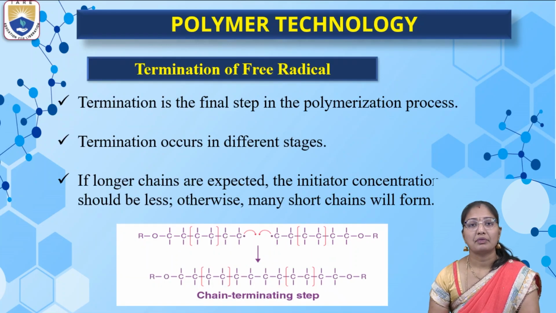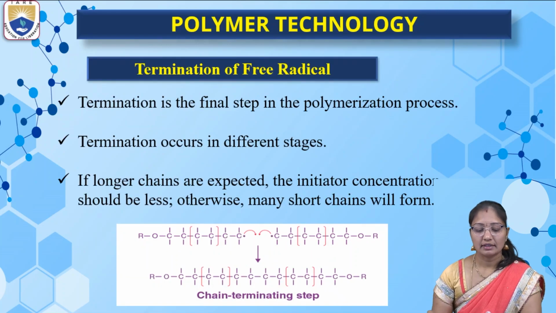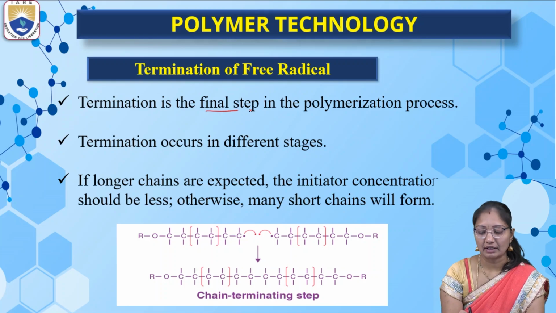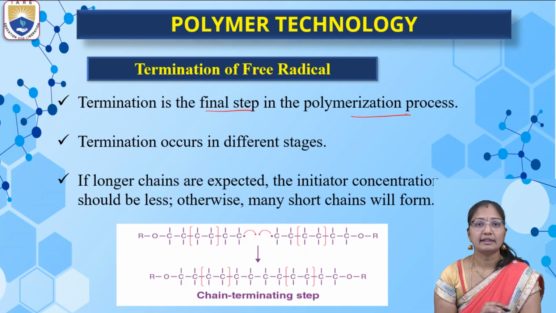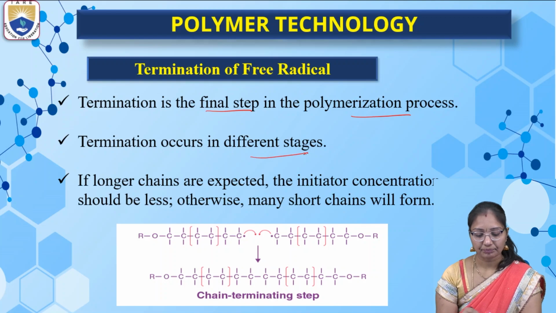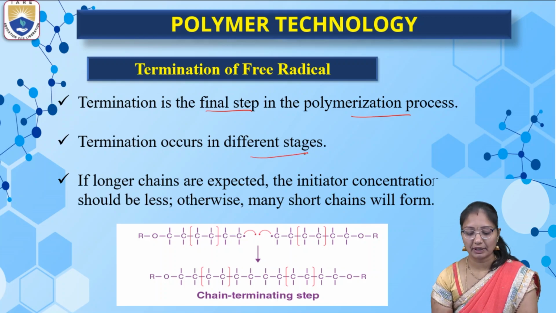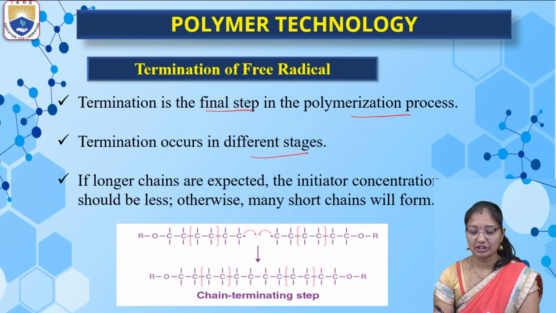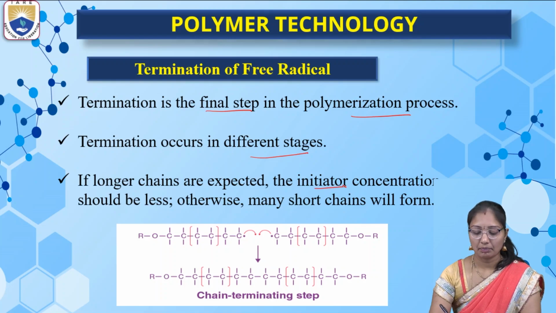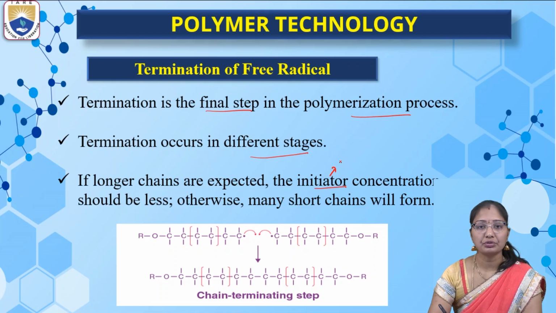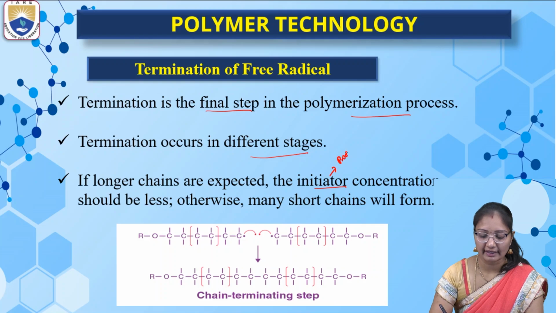So the final step is where it has to be terminated. The termination is the final step in the polymerization process. It occurs in different stages. The initiator is the molecule which we use to produce free radicals.